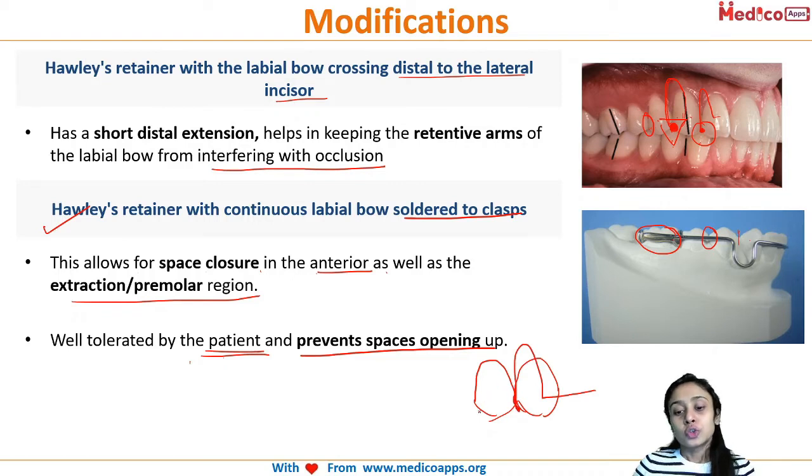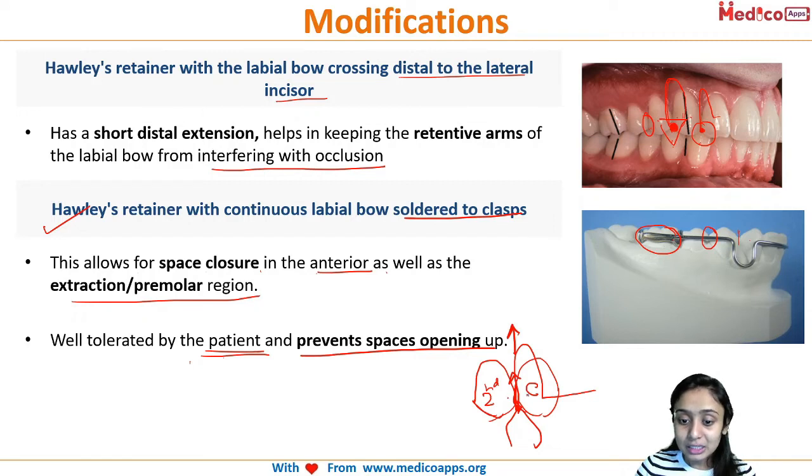So this is your second premolar. First premolar has been extracted and we have closed the space. Now since your wire is extending occlusally between your canine and second premolar, and your lower premolar during occlusion tends to hit on this wire, what happens? This applies an apical force, and the extraction space again tends to open up.